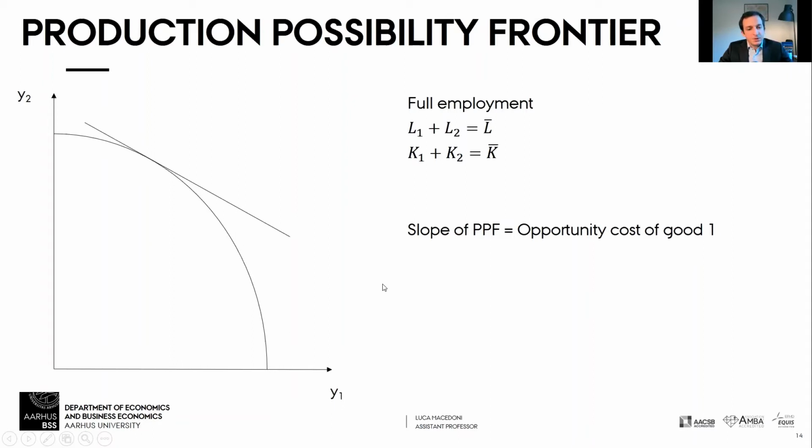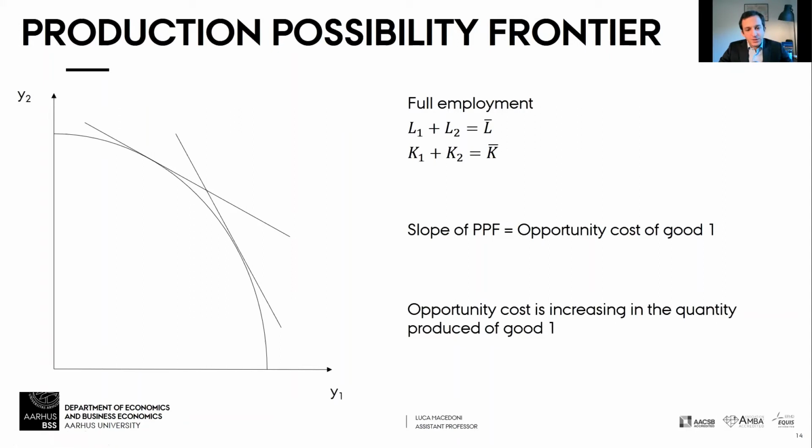Okay. Also notice that the opportunity cost of a good increases in the quantity of the good produced, right? So this is straightforward, right? If we move along the production possibility frontier, and we increase the production of Y1, we see that the slope of the production possibility frontier increases.